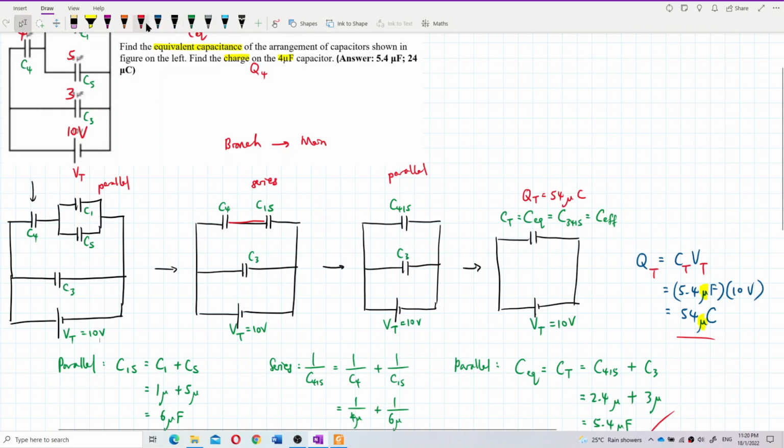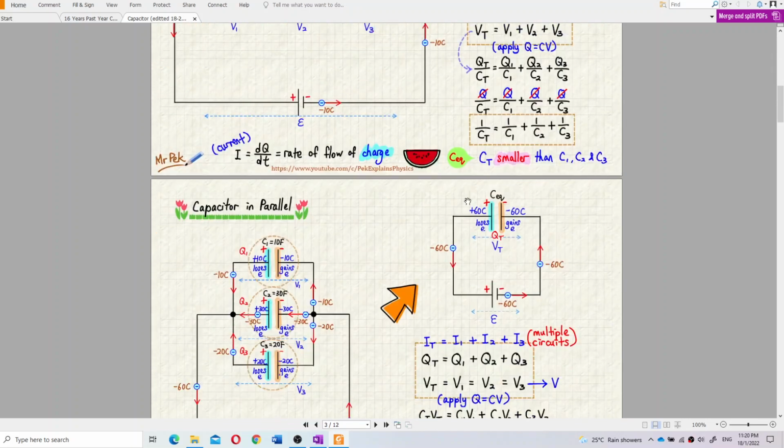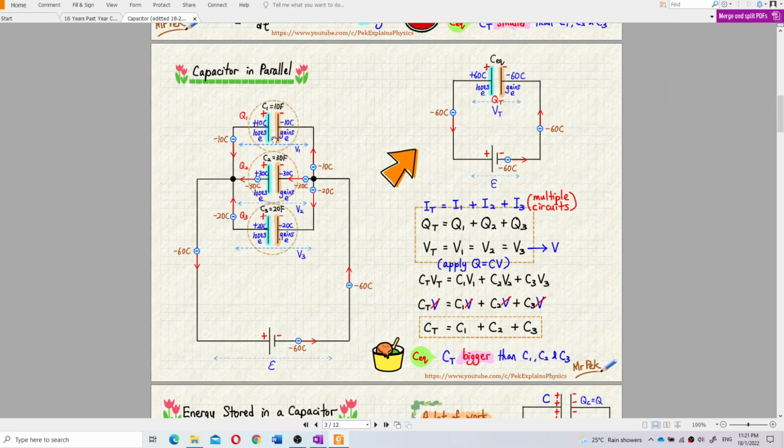So we can say that this V3 is also 10 volt. This V415 is also 10 volt, because we know about the parallel circuit, the voltage is the same.